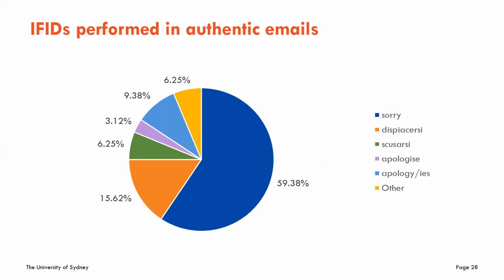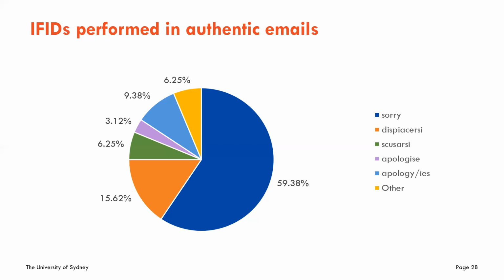But when we look at it, "sorry" is used in just under 60% of cases, just over 15% of cases are dispiacersi. Scusarsi is used very little in the authentic emails, as is "apologize" and "apologies", and then the other types of Italian IFIDs.